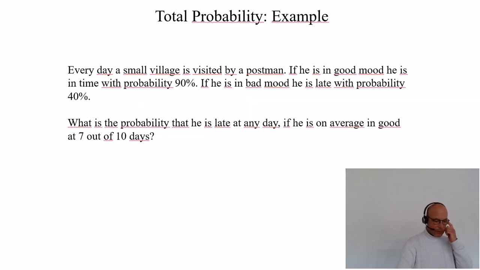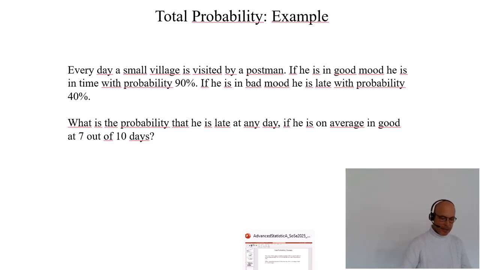So then, total probability. Think of a small village where the postman is coming, and, well, if he is in a good mood, then he is late with probability 90%, and if he has a bad mood, then he is late with 40%. What is the probability that he is late on any day if he is on average in a good mood on 7 out of 10 days?